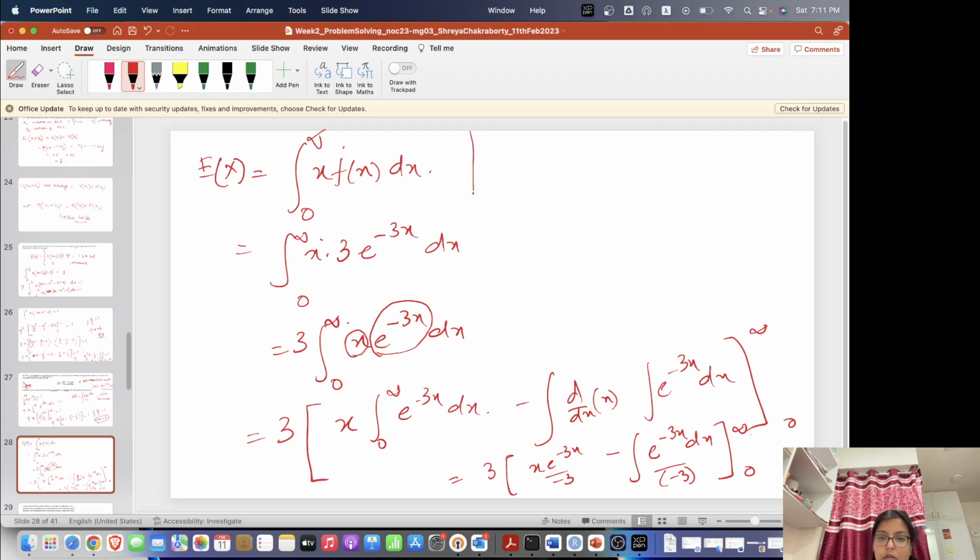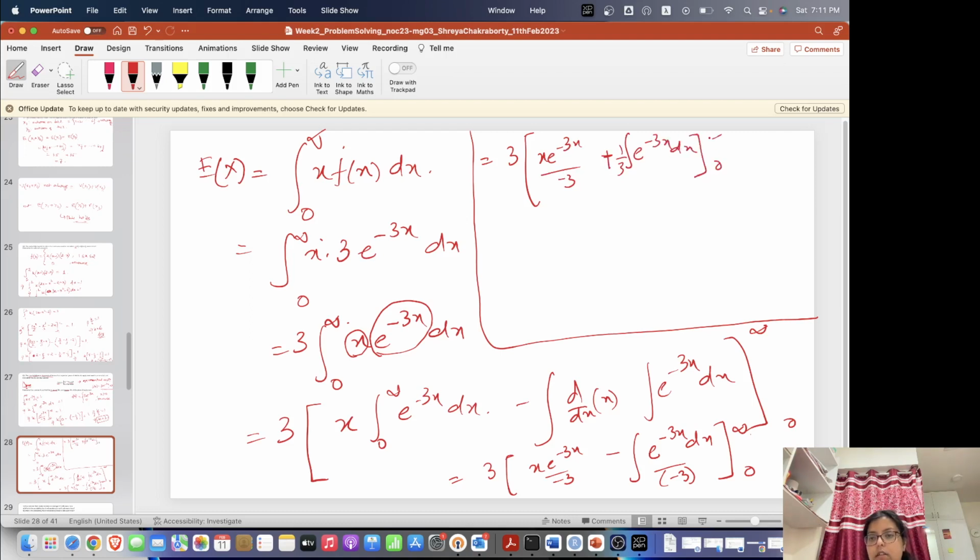Which is nothing but 3 x e to the power minus 3x by minus 3 plus 1 by 3 e to the power minus 3x dx, which gives 3 x e to the power minus 3x by minus 3 minus 1 by 9 e to the power minus 3x, 0 to infinity.